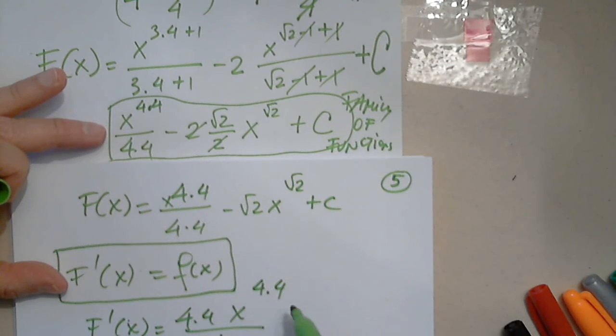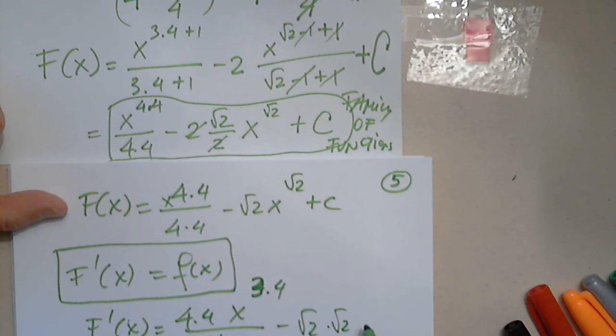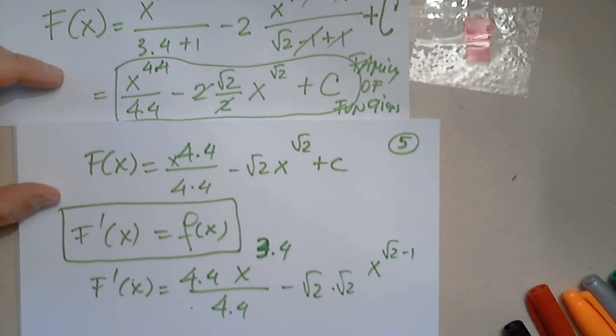Oh, 4.4 minus 1. Minus the square root of 2. I bring down the square root of 2, x to the square root of 2 minus 1. I don't have a denominator. And when I differentiate c, I get 0. So these two go away. I get x to 3.4. This 2 when I multiply, I get 2. And it's x to the square root of 2 minus 1. And this is exactly the function we started with.